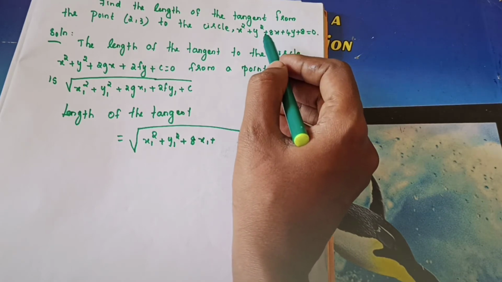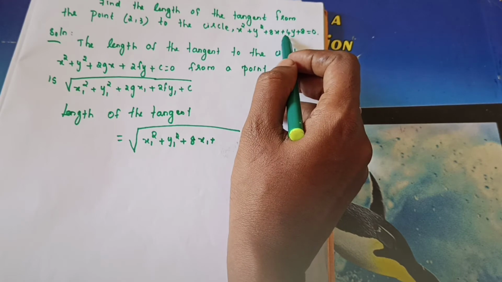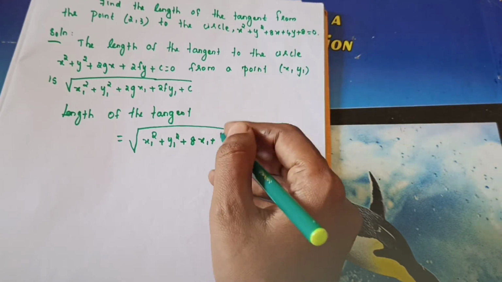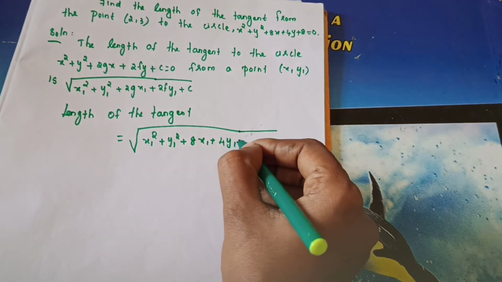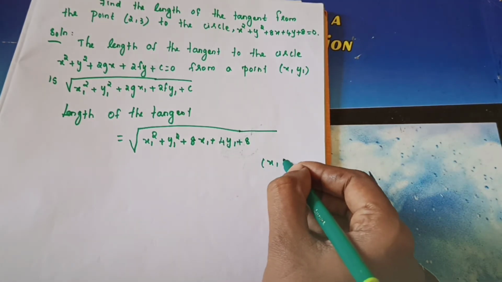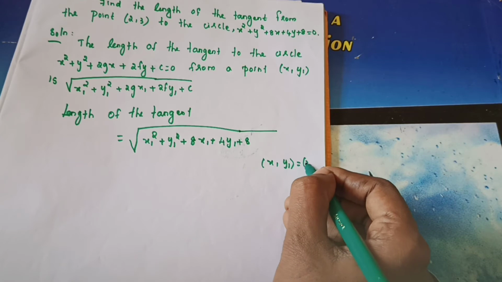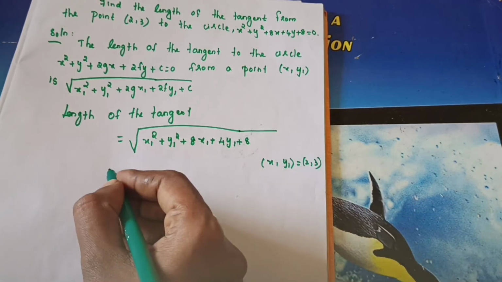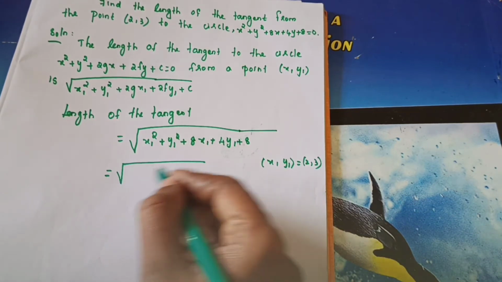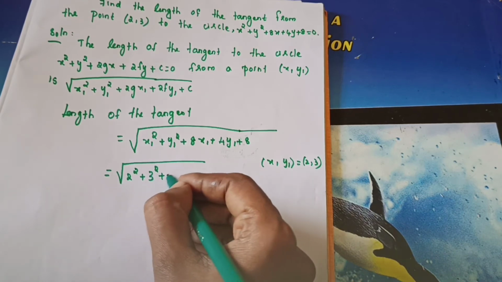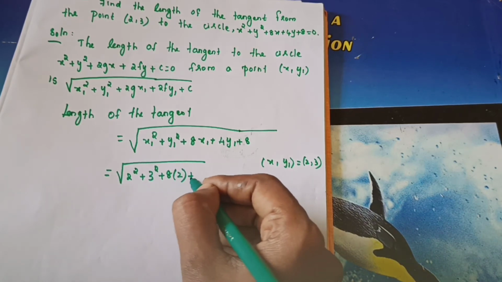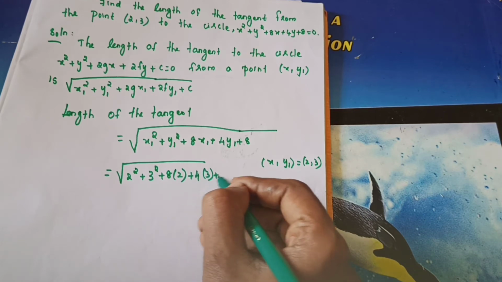Okay, so 8x1, next one 4y1. In the place of x is x1, that's the only difference in the formula. So 4y1 plus 8. So x1, y1, you know the value. It is given in your question 2, 3. Okay, just substitute the value here. So root of 2 square plus 3 square plus 8 into 2 plus 4 into 3 plus 8.